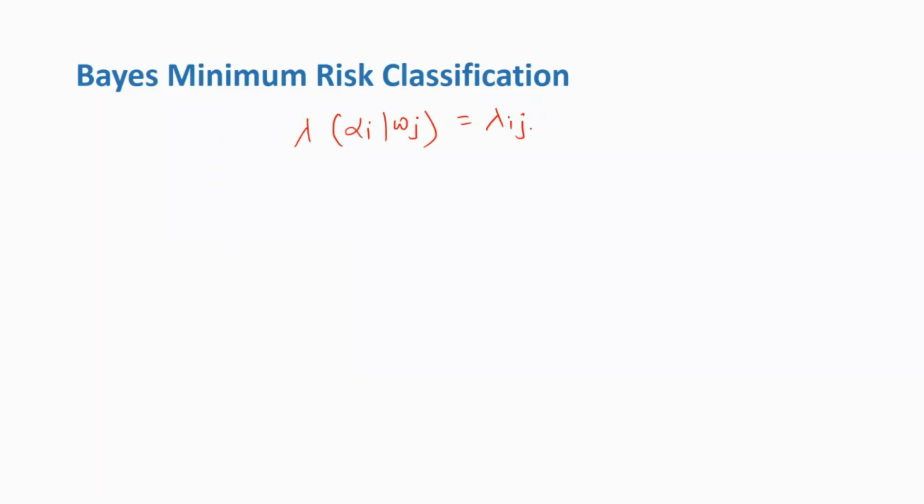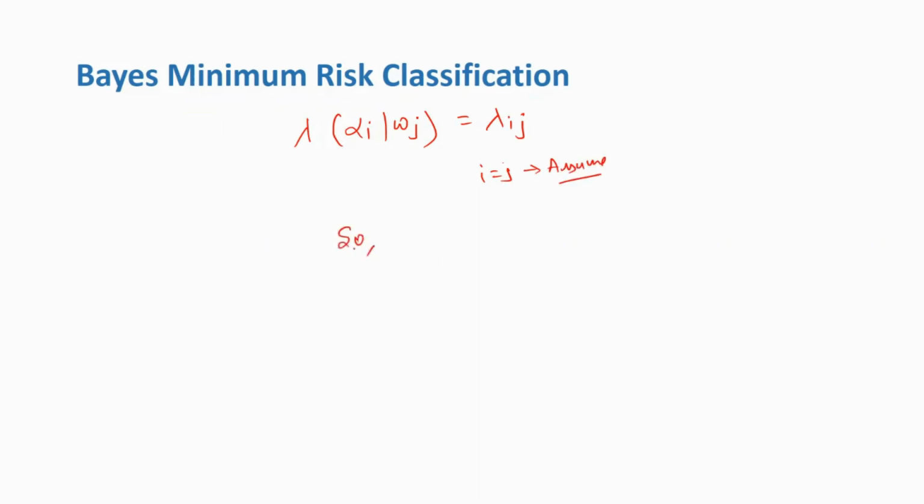Lambda ij means the loss while taking any action alpha i given some class omega j. This risk will be minimum when i equals j. Just assume we are assuming it.